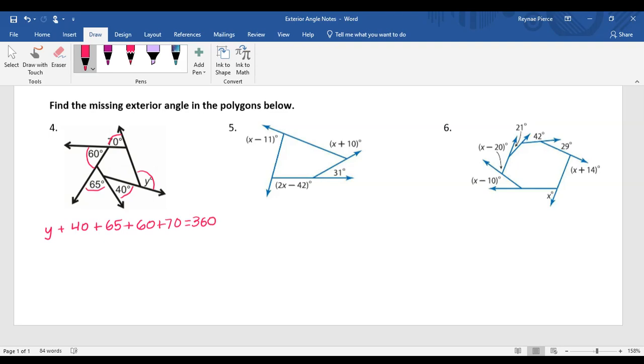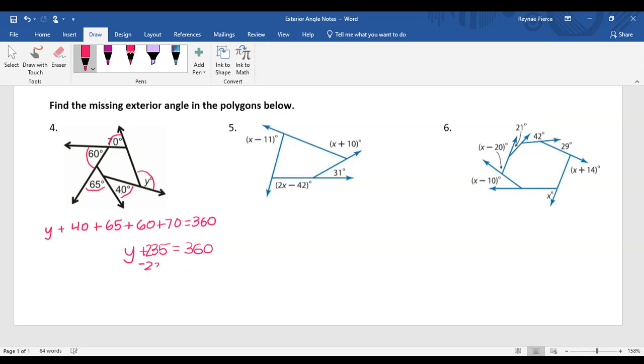Now, since I only have one expression with y, I don't have to change my y. Don't have any more y's that I need to add. But when I add 40 and 65 and 60 and 70, I get 235 degrees. So I've already used 235 degrees with these 4 angles.